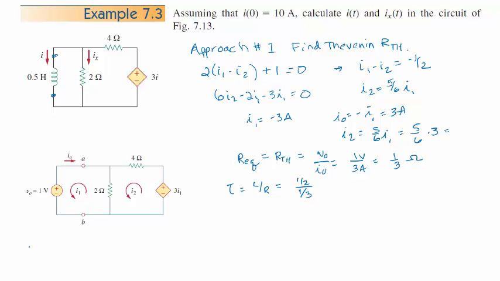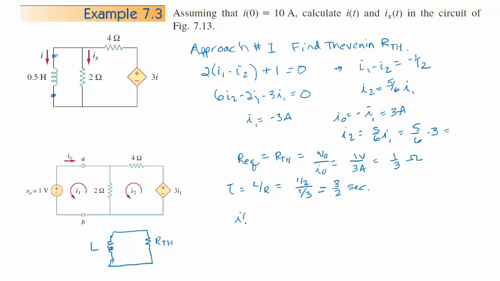At this point, keep in mind that we have an equivalent circuit. There's our L, there's our R Thevenin. This is our equivalent circuit right now, L and R Thevenin, and we get 3/2 second. That's the time constant. So now we can write our equation.